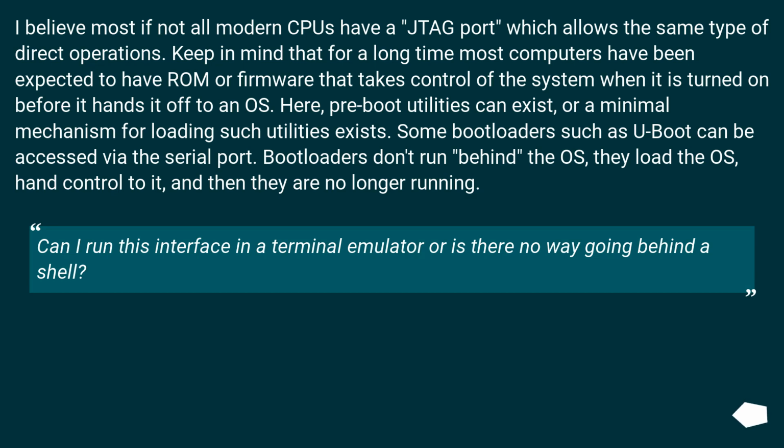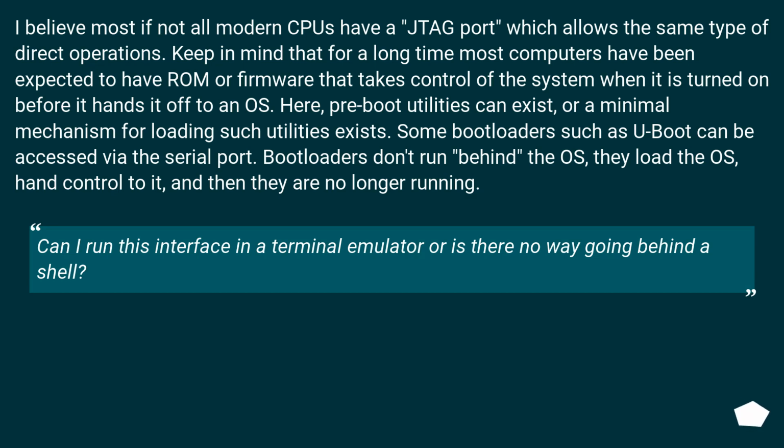I believe most if not all modern CPUs have a JTAG port which allows the same type of direct operations. Keep in mind that for a long time most computers have been expected to have ROM or firmware that takes control of the system when it is turned on, before it hands it off to an OS. Here, pre-boot utilities can exist, or a minimal mechanism for loading such utilities exists.